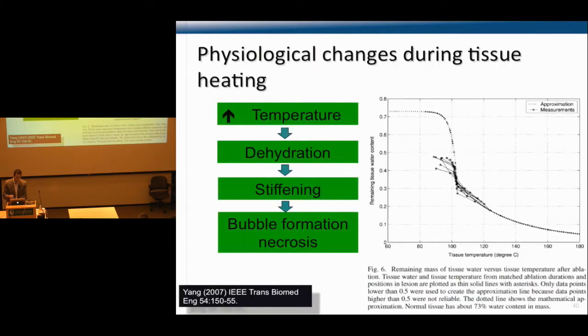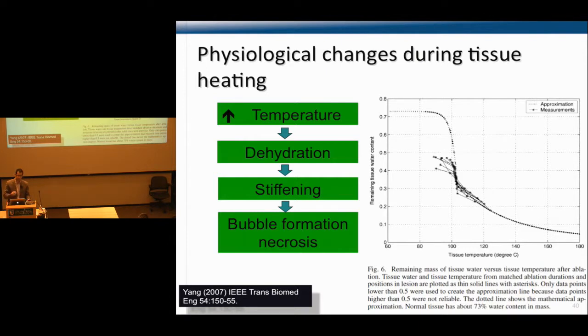Our rationale behind this is that physiological changes occur during tissue heating. As you increase the temperature inside the liver, this will cause a dehydration of the tissue, causing a stiffening in these regions. This will actually cause bubble formation and necrosis that's visible on ultrasound.